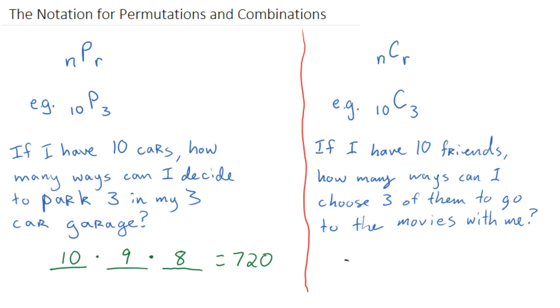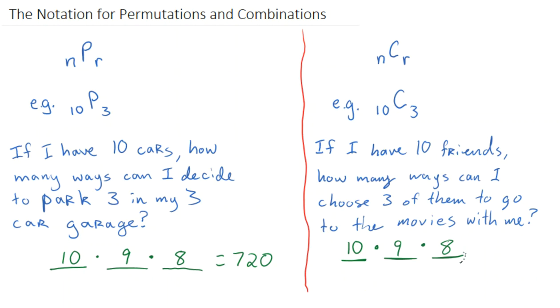So here we still have our 3 slots. I have 10 choices for who I pick first, 9 choices for who I pick second, and 8 choices for who I pick third. And we multiply that up according to our fundamental counting principle. But with these, the order doesn't matter.